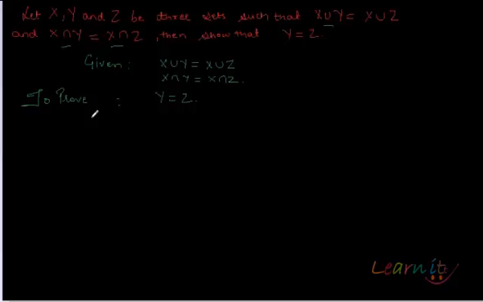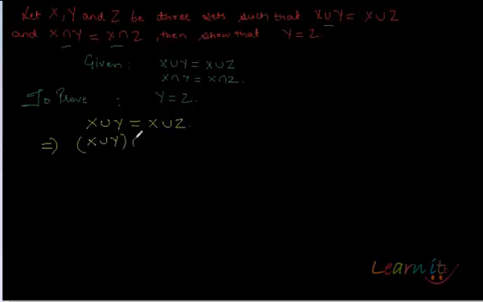Let's start with what is given to us. X union Y equals X union Z is given to us. Okay, if I take intersection with Z on both the sides, it will still remain equated. So let's do that.